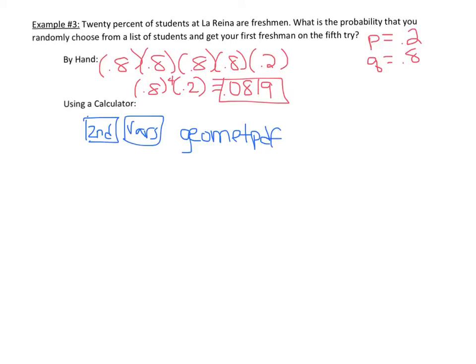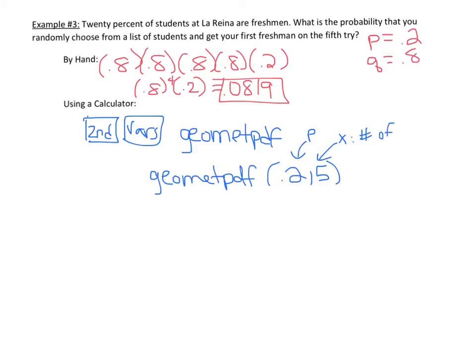You're going to put in Geometric PDF of your probability, your P, which is going to be the 0.2, and the number of trials that you want. I believe on some of the calculators the menu says X. So you want this on the 5th trial. You can either put it as X or the number of the trial that you want.